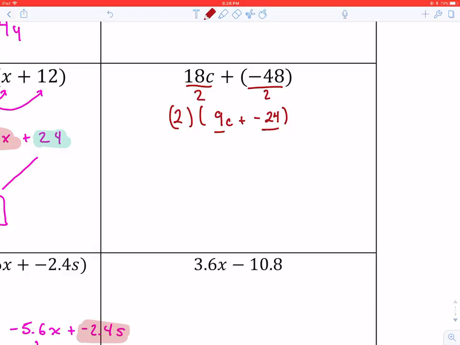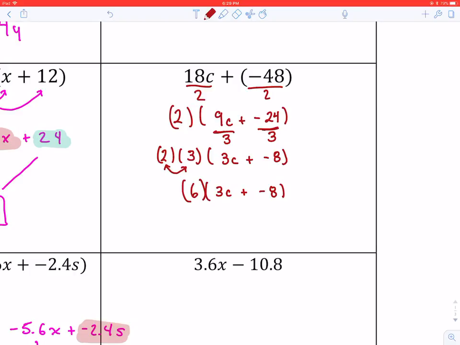But 9 and 24 can be simplified. From 9 and 24 we can pull out a 3. So we've already pulled out a 2, but we'd also pull out a 3, which would leave me with 3c plus negative 8. I don't want two numbers on the outside, so I'm going to multiply those together, because this is technically 2 times 3 times 3c plus negative 8. And so this would be 6 times 3c plus negative 8.